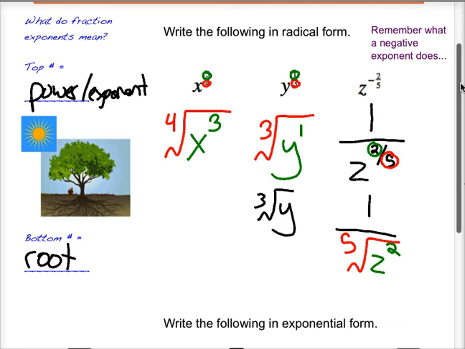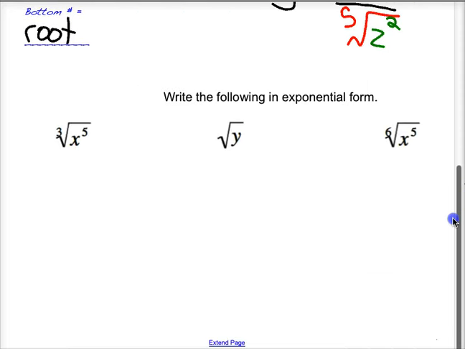All right, so now that we have a feel for that, let's apply it in the other direction. Again, my root makes my bottom, and my exponent makes my top. The power on top, the root on the bottom.